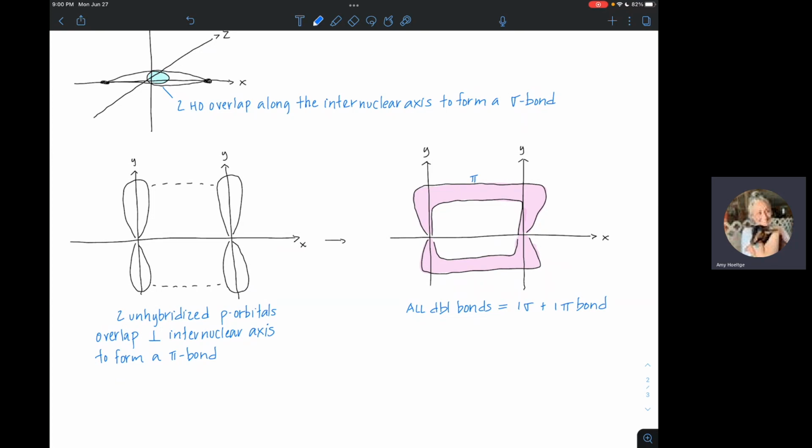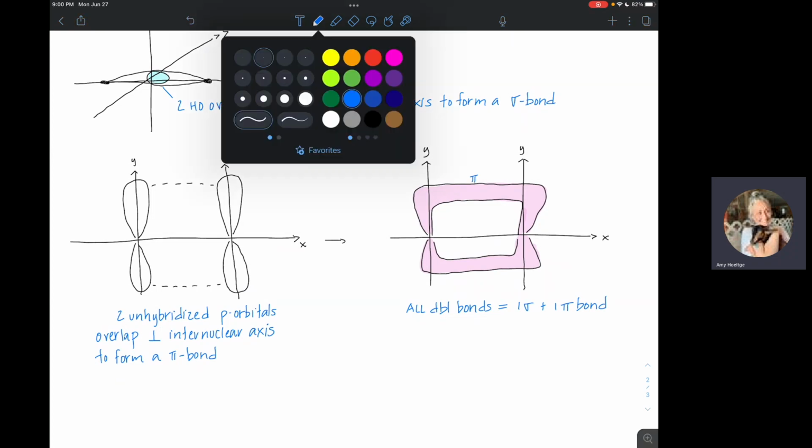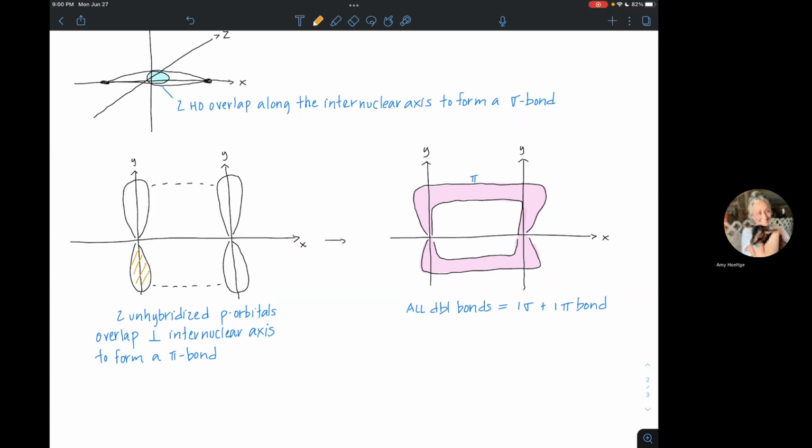And the way that you do it is using two unhybridized p orbitals. So I've got a situation here where we got our out of phase bits and our in phase bits, and those are going to overlap, right? We're going to make a pi bond.